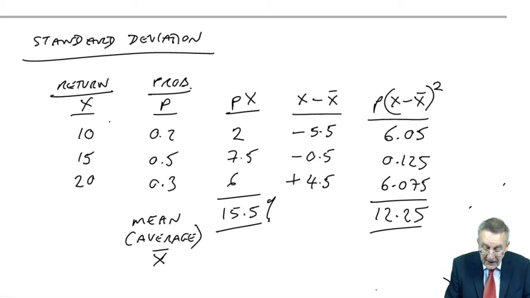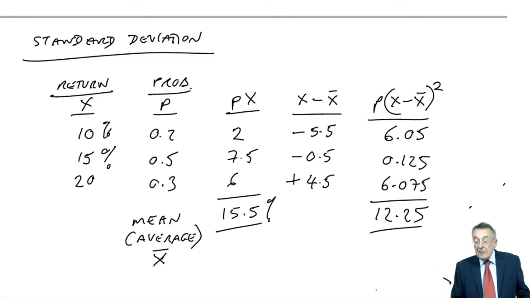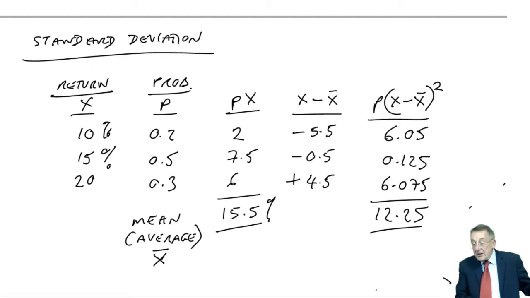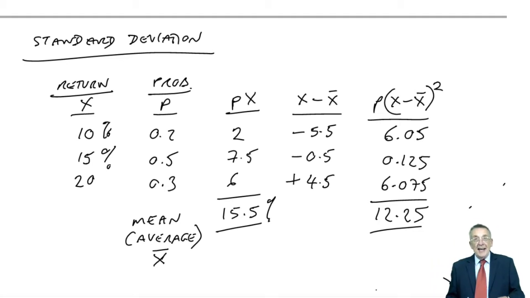The returns were all in percents, and I said before, they could be percents, it could be dollars, it doesn't matter what it is. But because we squared the differences, that 12.25 is in squared percentages or squared dollars.